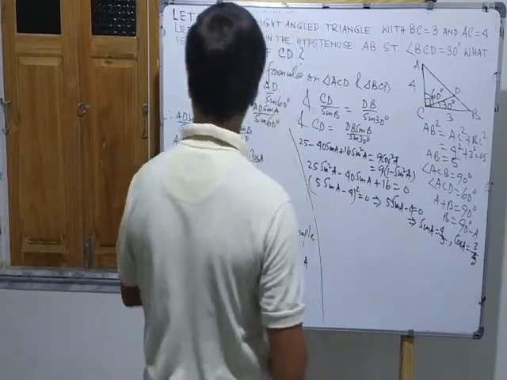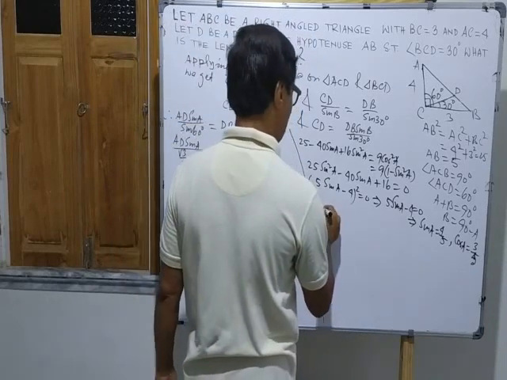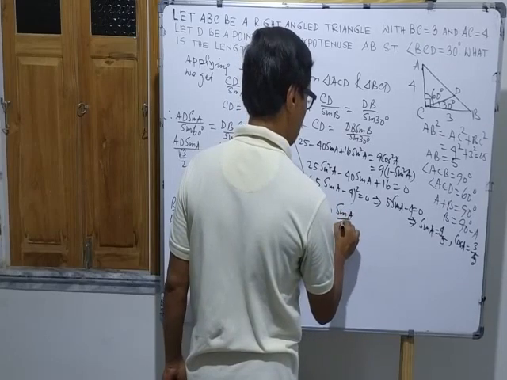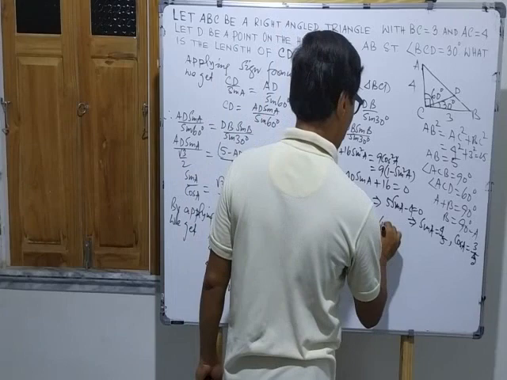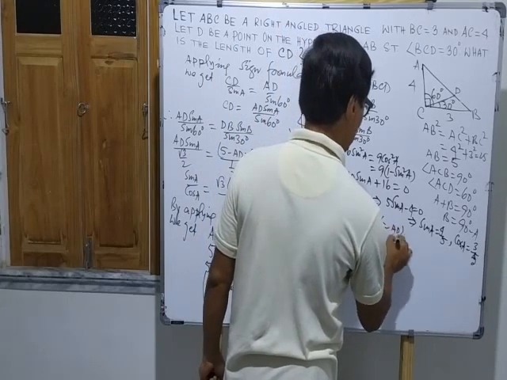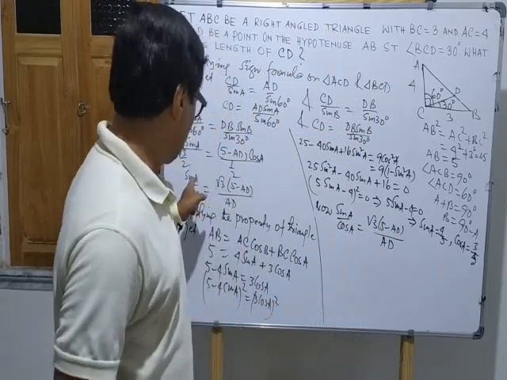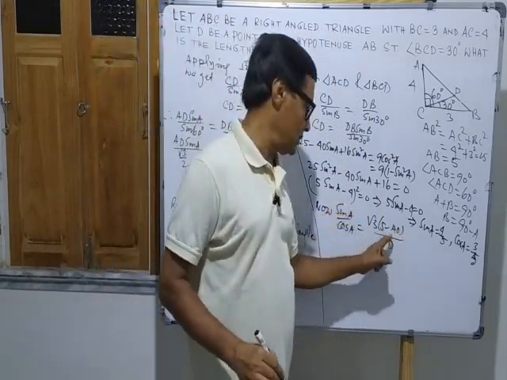Now sin A over cos A, we have already got, equal to root 3 into 5 minus AD over AD.